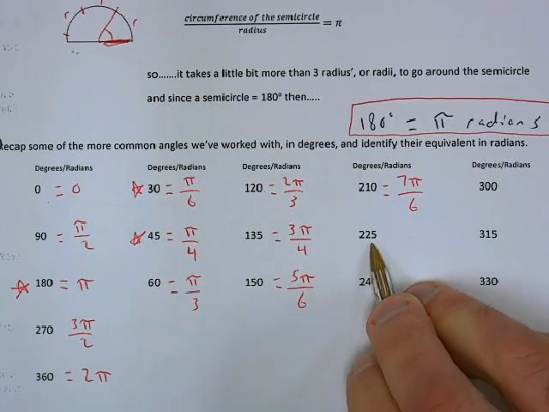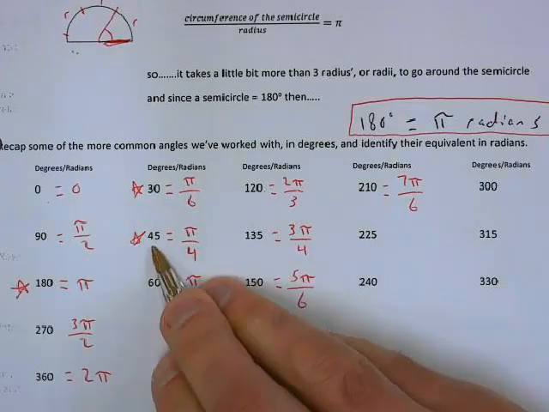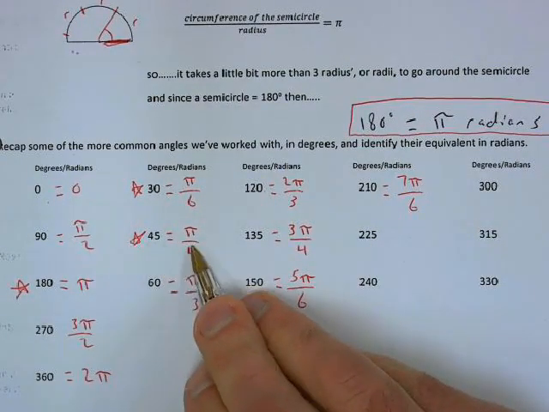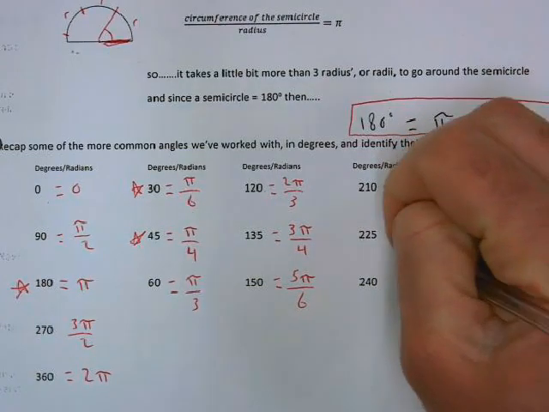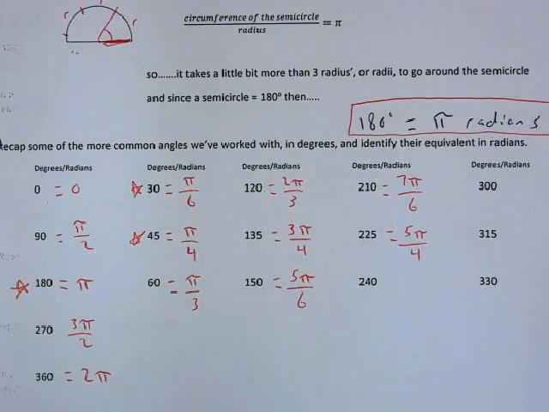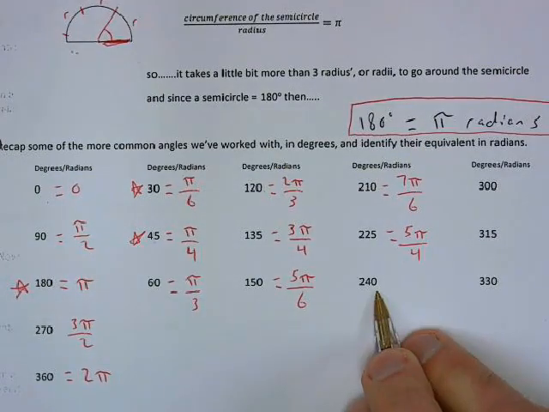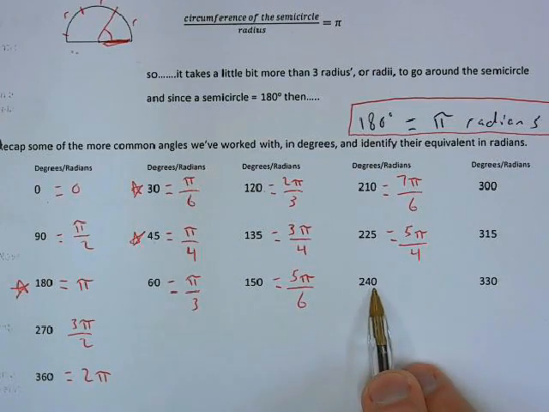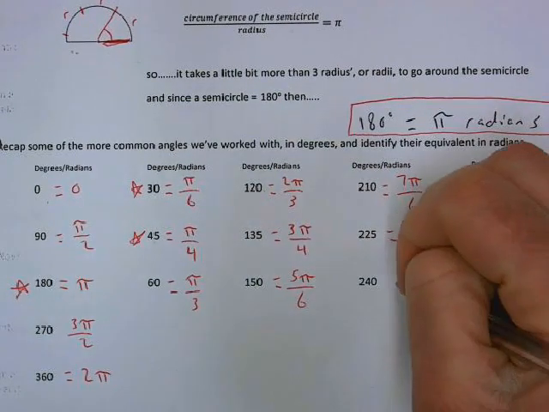Next, 225. Okay, well that's 45 times 5. That one's maybe not as easy to do in your head. But 5 times that is going to give me my answer in radians. So that's going to be 5 pi over 4. Okay, next, 240. Well, how about multiplying 120 times 2? Okay, so double that, we get 4 pi over 3.